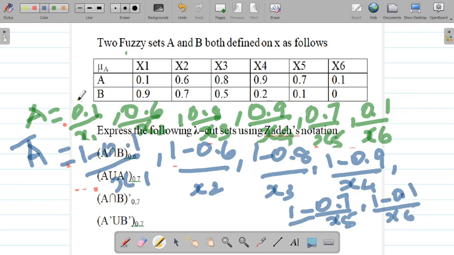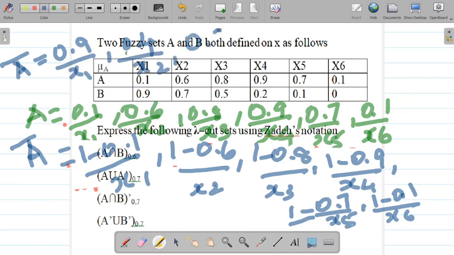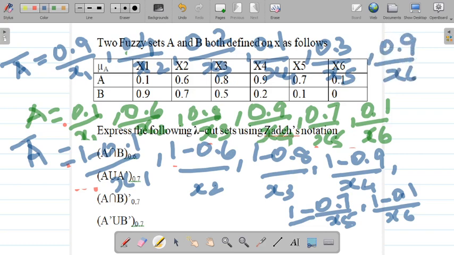So 1 minus 0.1, 0.9; 1 minus 0.6, 0.4; 1 minus 0.8, 0.2; next 1 minus 0.9, 0.1; next 1 minus 0.7, 0.3; next 1 minus 0.1, 0.9. So this is the value for A bar.